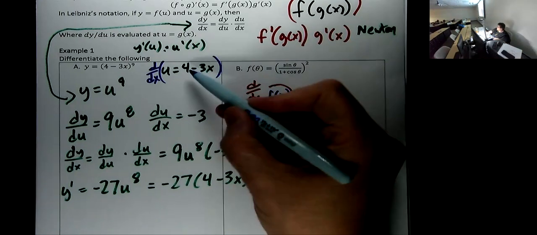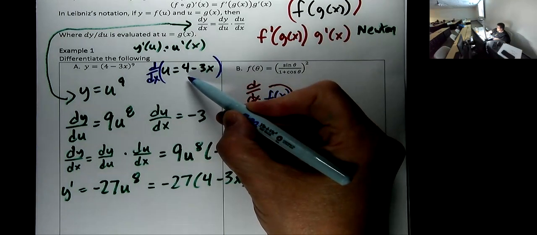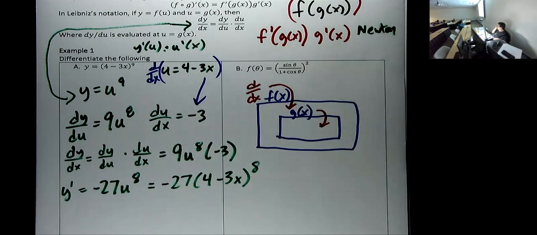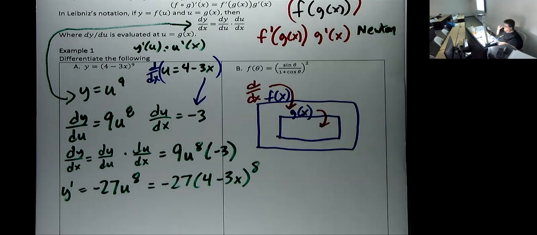The derivative of 4 is 0, and the derivative of -3x is -3. So, are you good? Does it make sense? It's just like having a u instead of a y.